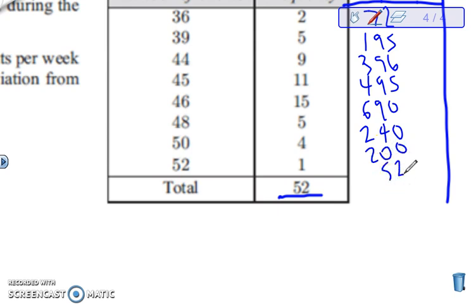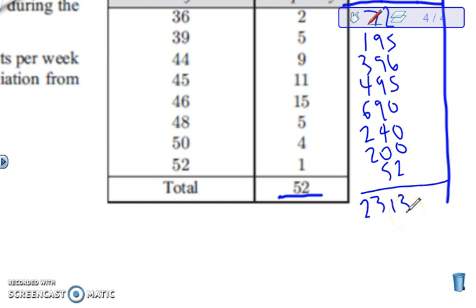Alright, so if we add all of those up and divide by the total number of terms, it's going to be our average. So 195 plus 72 plus 396 plus 495 plus 690 plus 240 plus 200 plus 52 should give us 2,313.